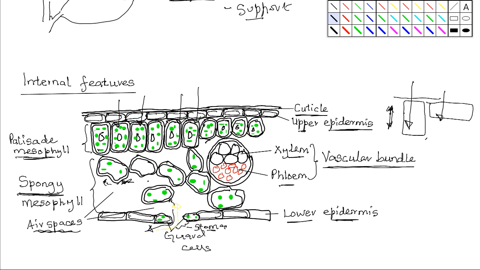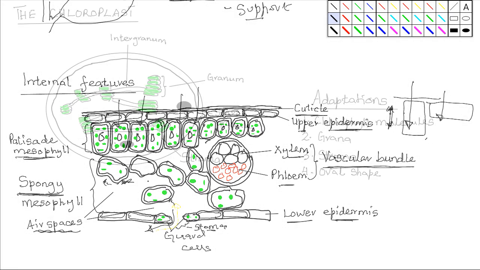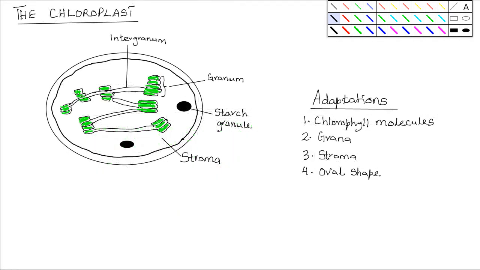Secondly, the chloroplast has many internal membranes. These membranes are at some points stacked together to form regions known as grana, plural, and granum, singular. It is within these grana that chlorophyll molecules are contained.